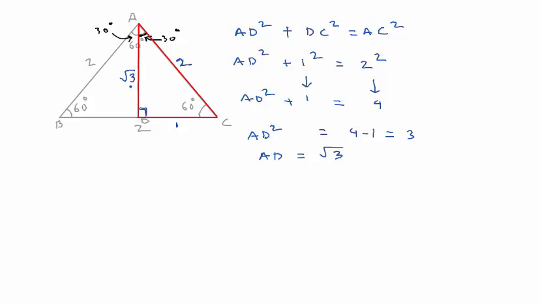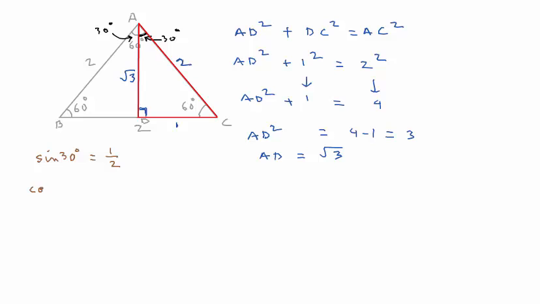So we have our number. Provided this length is 2, it doesn't matter whether it's 2 or 20, because we aren't here to find out the actual lengths. We are here to find out the ratios of the lengths, and as long as the angles remain the same, 30 and 60, the ratios will be the same. So to find out sine 30 degrees, we could look at this angle and say that it's going to be the opposite over the hypotenuse, which is 1 over 2 or 1/2.